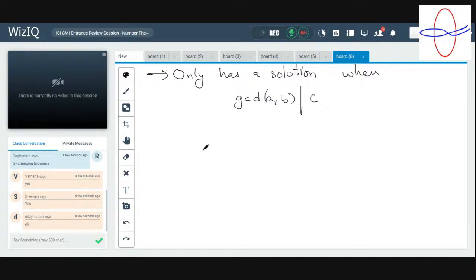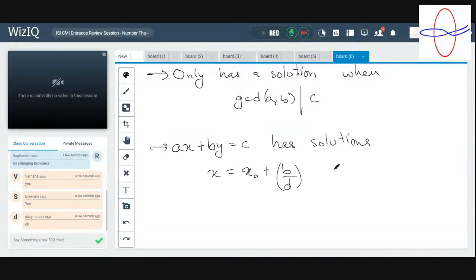So to always be able to construct as many solutions as you want given one solution, you have this theorem. ax plus by is equal to c has solutions x is equal to x naught plus b over d times t, and y is equal to y naught minus a over d times t, where x naught and y naught is some given solution.